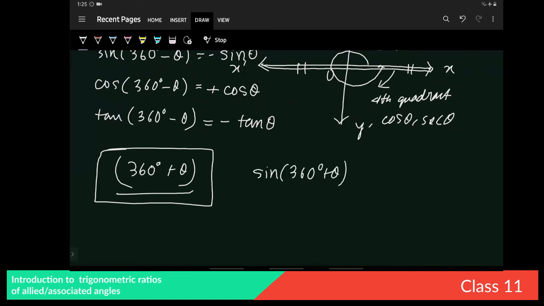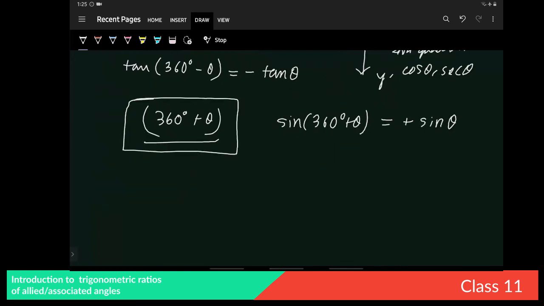Sine is positive in the first quadrant, so plus, and it will be sine theta. If you do the others, it will also be the same. That means cos 360 plus theta is cos theta, tan 360 plus theta is tan theta, cot the same. That means all the ratios are positive, and none of the ratios will change because it is associated with the horizontal line.